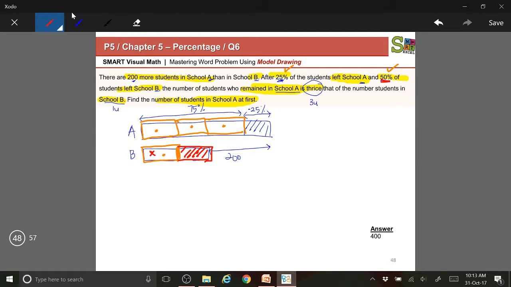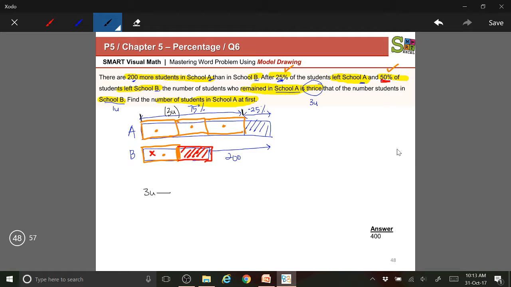So how do we do from here? Now we can see that the equivalent is the 3 units here, from this part of A till here, the 75%. We can call this 3 units.